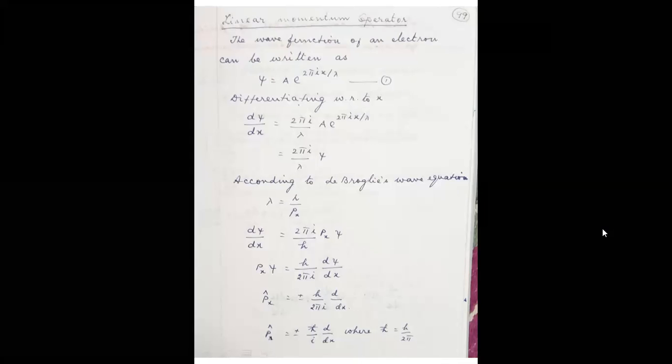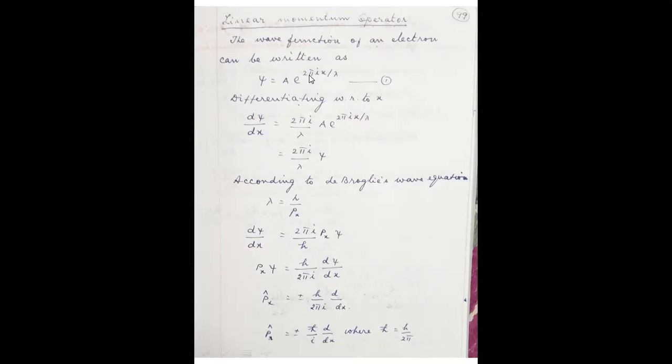That is the description. You can see the wave function of an electron, psi is equal to A e power 2 pi I x by lambda, where lambda is the wavelength of the electron wave. Now, look here, when I differentiate this equation with respect to x, d psi by dx is equal to, we are differentiating e power x.